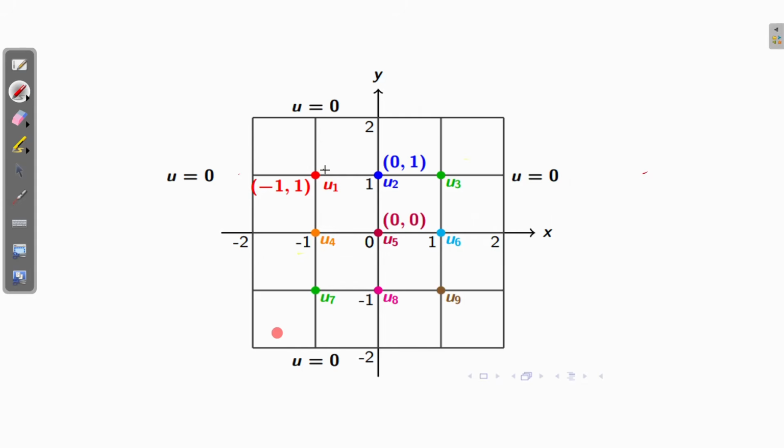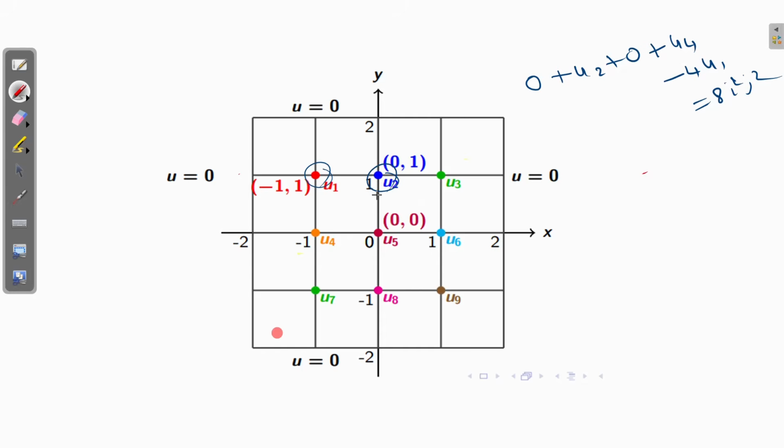I have to find u1. If you want to find u1, left hand side value is 0 plus right hand side value u2, upper value is 0, bottom value is u4, minus 4 times of the value you are finding, u1, equivalent to 8 i square j square. Clear? Left hand side is this one only.